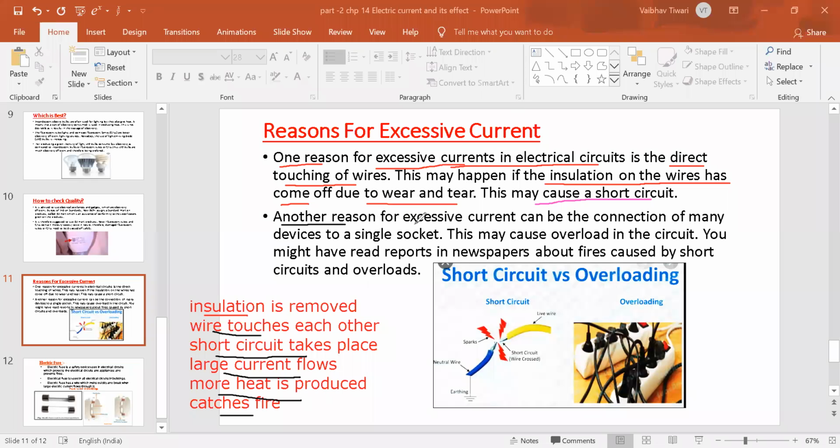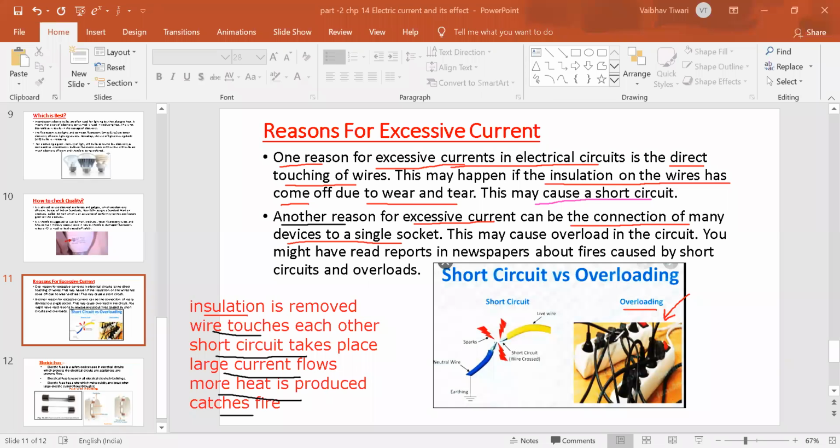Another reason for excessive current is the connection of many devices to a single socket. Like here, can you see this in the second figure? It is known as overloading. We can see that a lot of plugs have been inserted in a single socket, right?